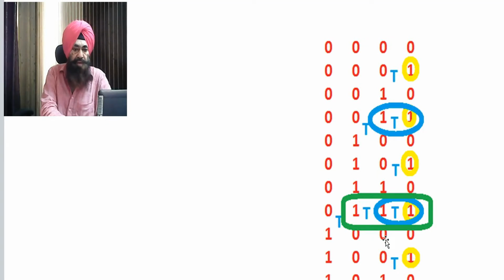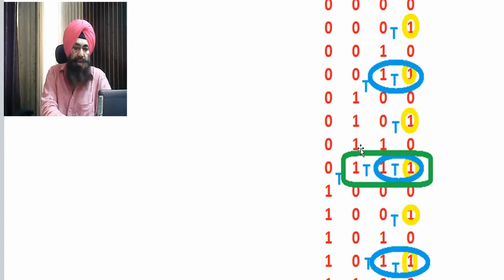Now looking at the next one, there are 4 zeros and 4 ones. When both are 1, 1, then the third toggles 0 to 1 state. When the first column is 1 and the second column of this bit is 1, then only it toggles 0 to 1.